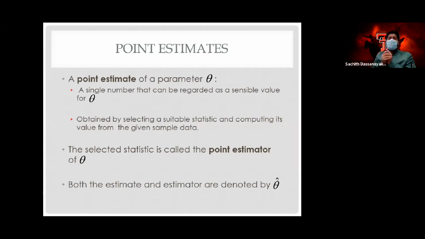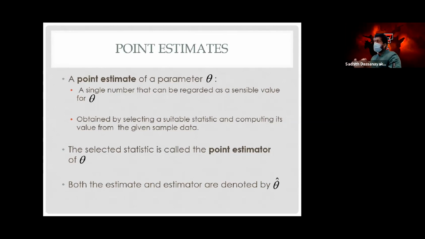Okay, a point estimate of a parameter theta. There should be a parameter, otherwise we don't know what we are going to estimate. So we need to estimate our parameter theta. We call this a point estimate because we have just one value to estimate.